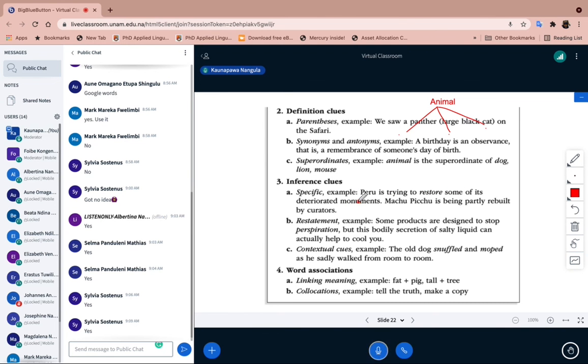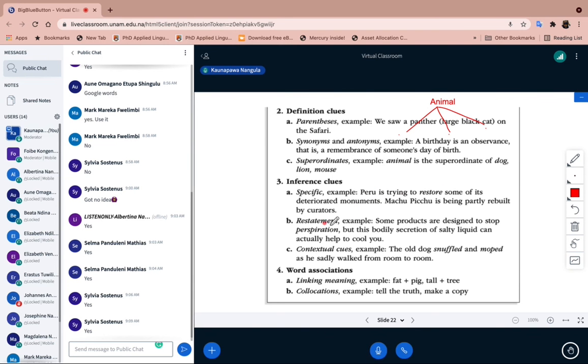And then the next sentence provides more examples of which deteriorated monuments they are trying to restore, and Machu Picchu is one of them. Do you understand? So these are inference clues that you can get from the sentence or the context of whatever is being spoken about.